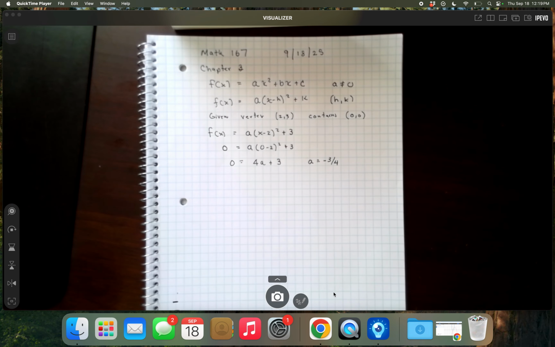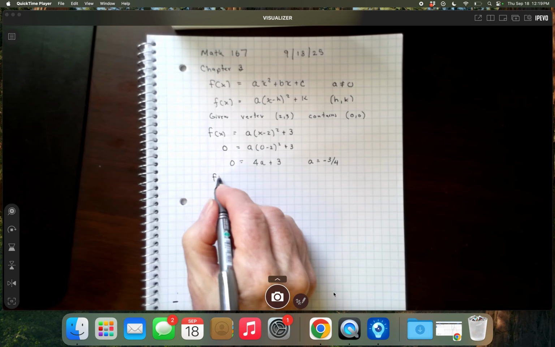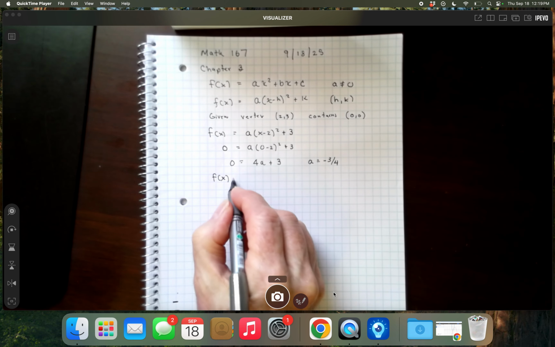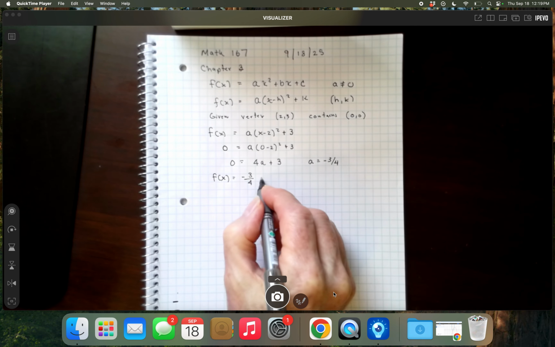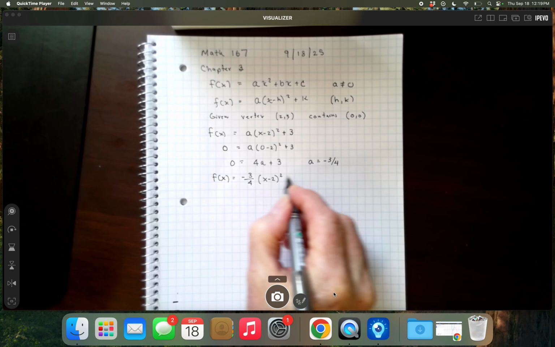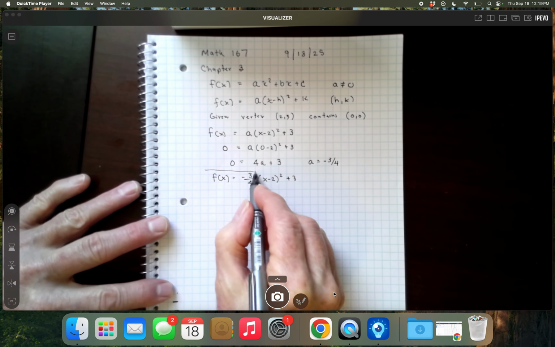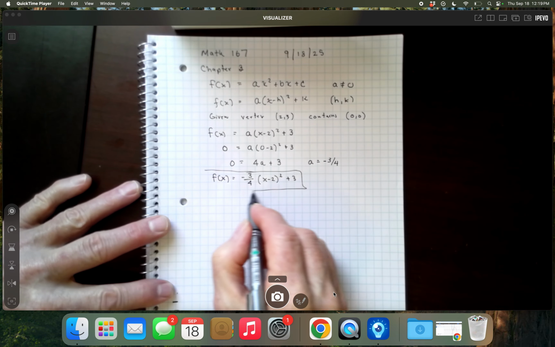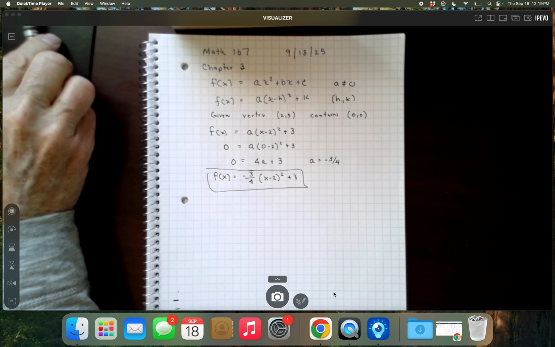And we have our final answer, f of x is equal to minus 3/4 times x minus 2 squared plus 3. And hey, what we'll do is we'll graph that using Desmos and see how we did.